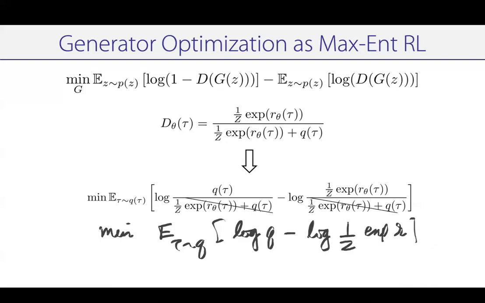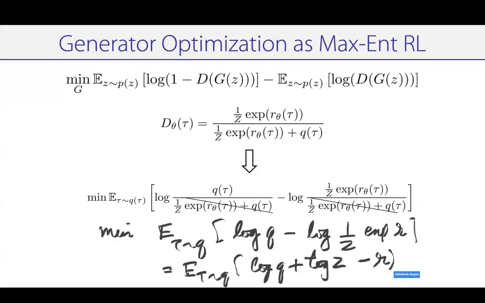The denominators cancel out. And you simplify this a little further, you get the expectation over trajectories from Q of log Q plus log Z minus R. We're trying to minimize this with respect to Q, right? All I did is substitute that in, the denominators canceled, and I opened out the logs. That's it, right?